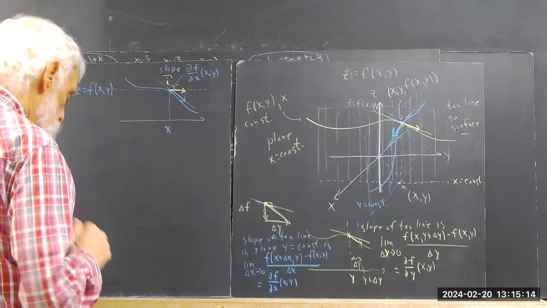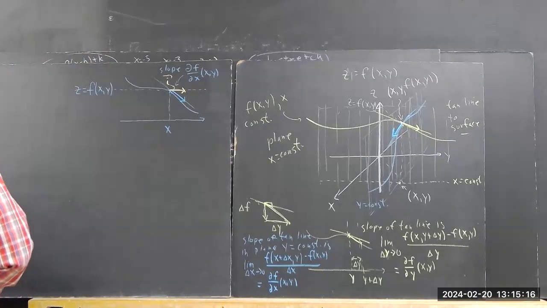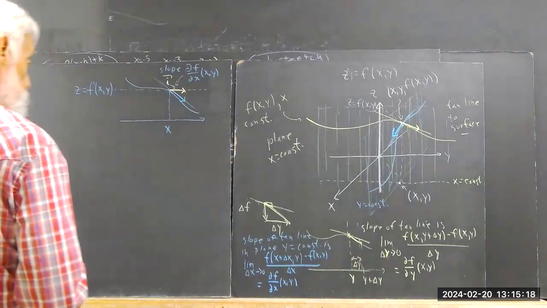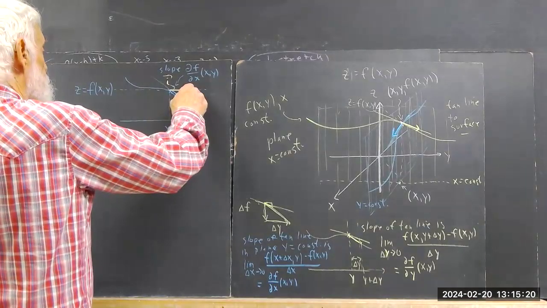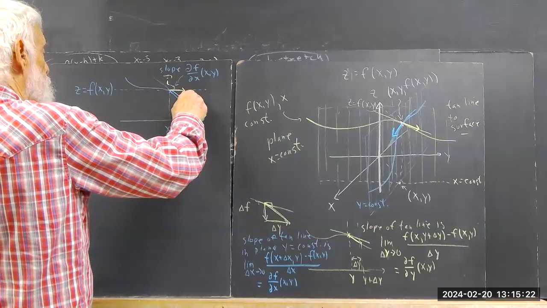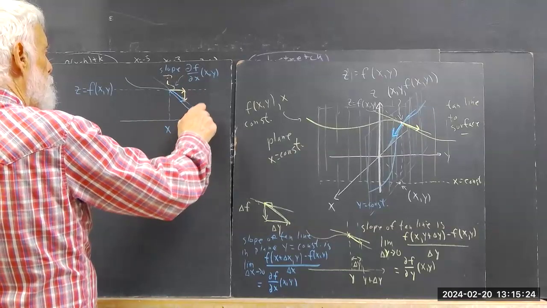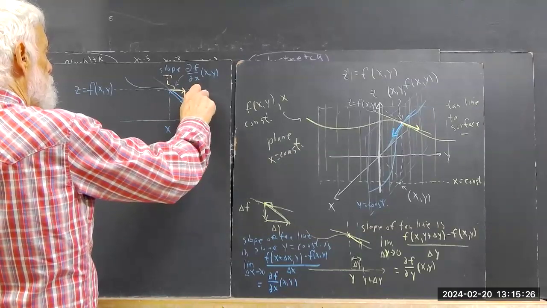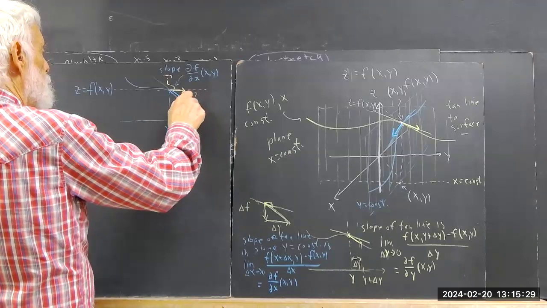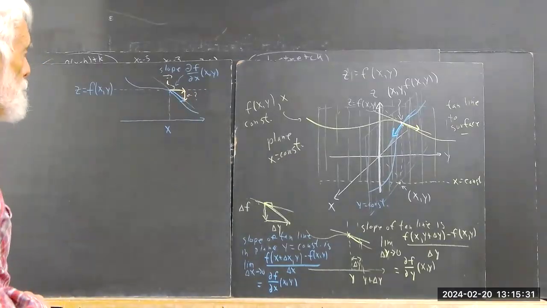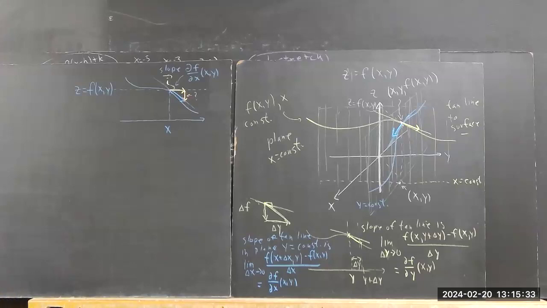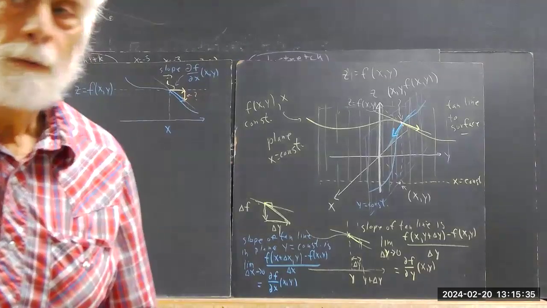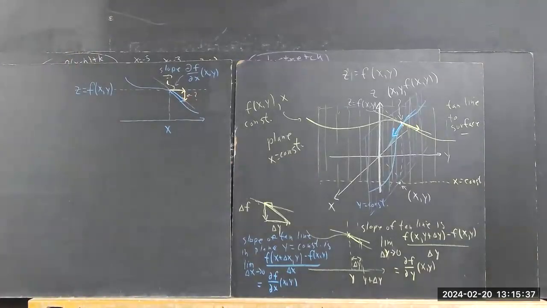Okay. Then what's this vector? First of all, what unit vector is it a multiple of?